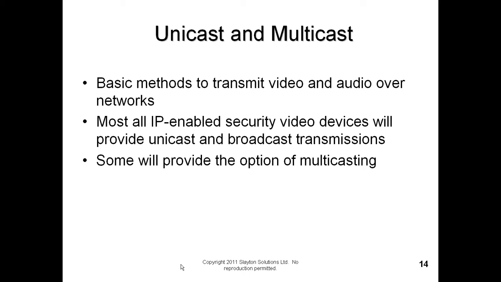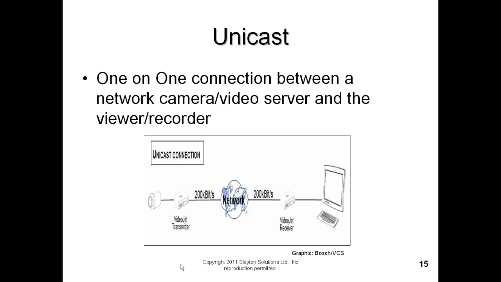So we want to talk about unicasting and multicasting and how this can affect the bandwidth of a network and what some of your options are when you're setting up a larger system, an enterprise level system. And one of those options is multicasting, which we're going to focus on here in just a couple of minutes. But first, let's understand what a unicast is.